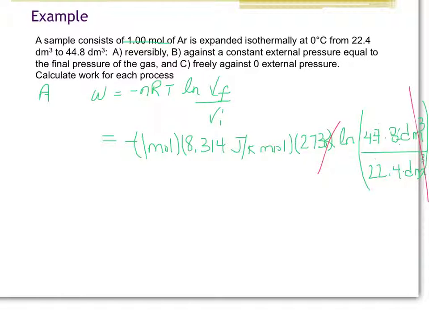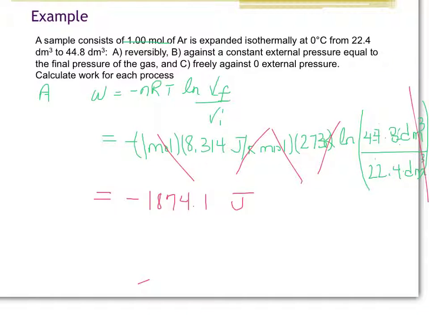Our unit of Kelvin will cancel with that one. Our unit of moles cancel. And so our final answer is going to be negative 1874.1, and that is in the unit of joules. So that's for part A.